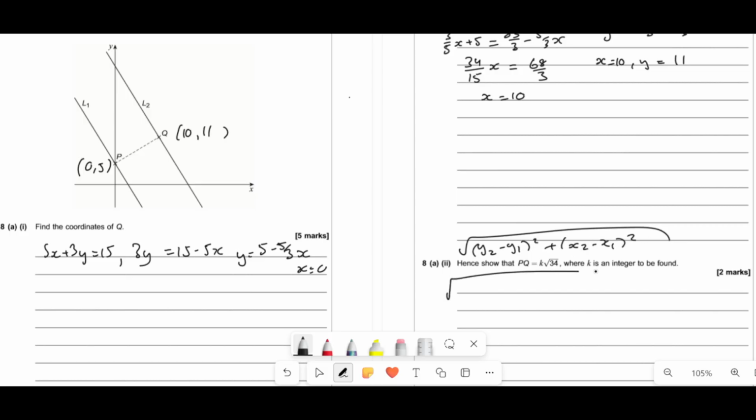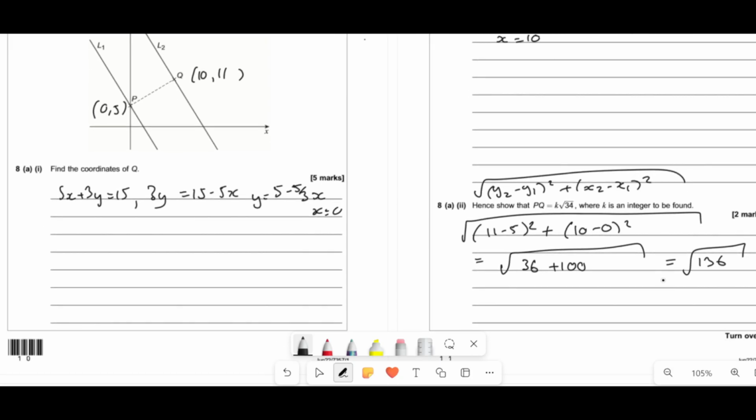So in this case, it's going to be the square root of 11 minus 5 all squared plus 10 minus 0 all squared, which is the square root of 36 plus 100, which is the square root of 136. If you simplify that down, that gives you 2 root 34. So therefore, k is 2.